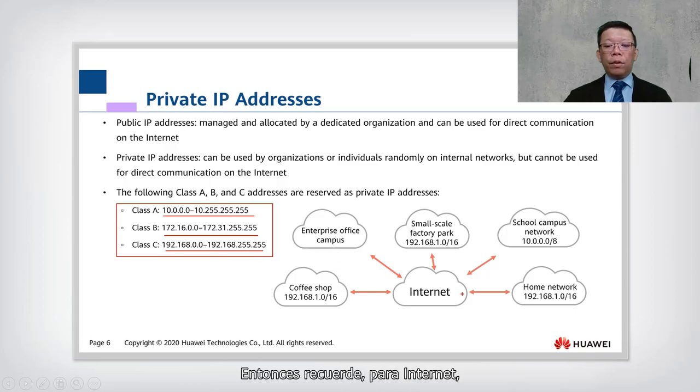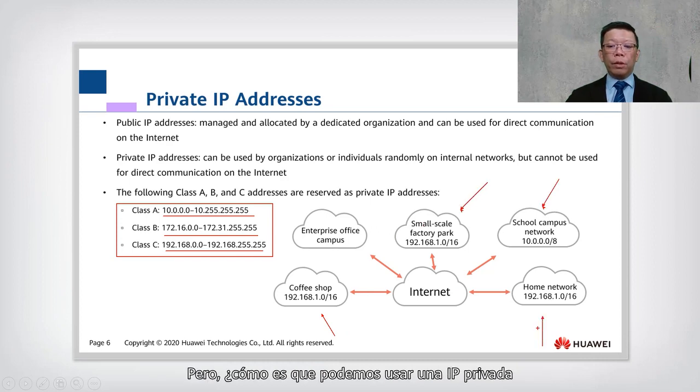So remember, for the internet, we need to use the public IP. For a small organization or even a big enterprise, you can also use private IP. So how can we use private IP yet connect to the internet? This is where the technology called NAT will help.